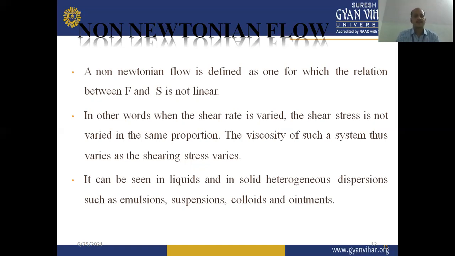In other words, when the shear rate is varied, the shearing stress is not varied in the same proportion. The viscosity of such a system thus varies as the shearing stress varies.